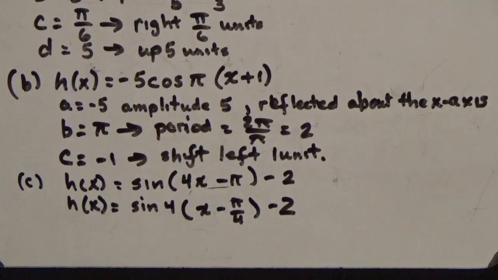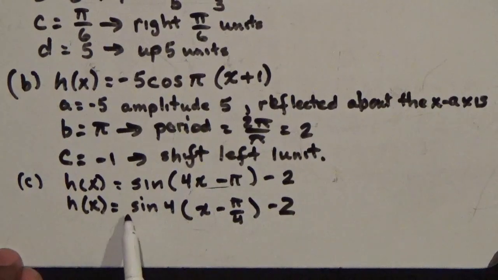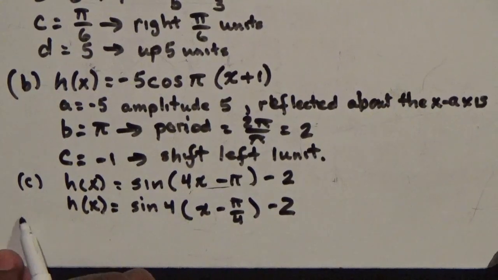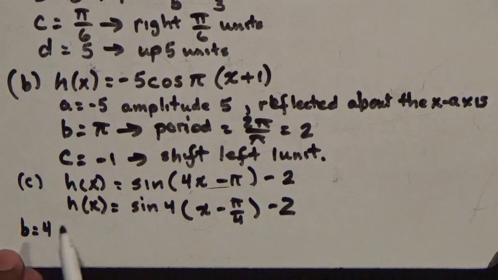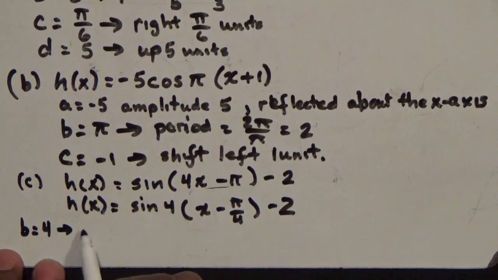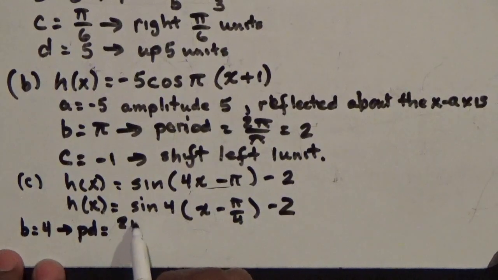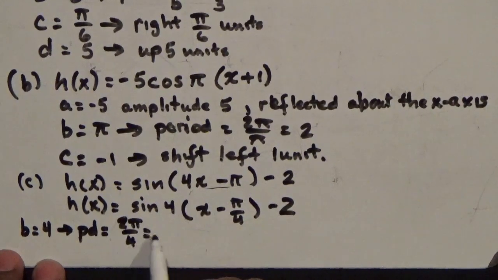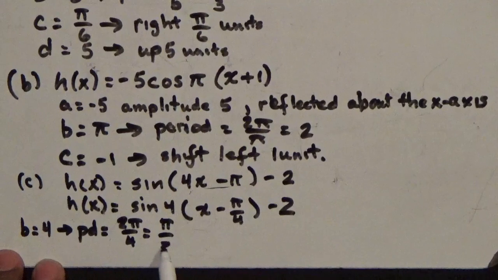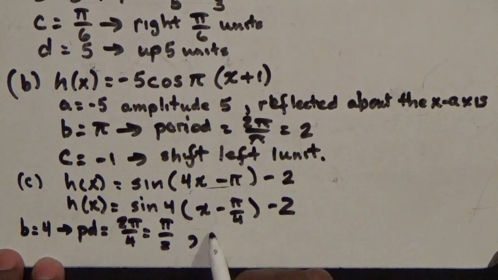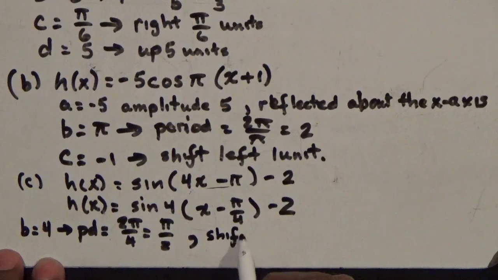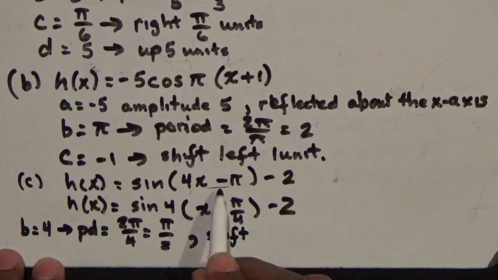All right, so now that I have that, my amplitude is 1, so no change. My B value is 4, which means that my period is going to be 2 pi over 4, which is pi over 2. I shift, and this is where students would get it wrong.